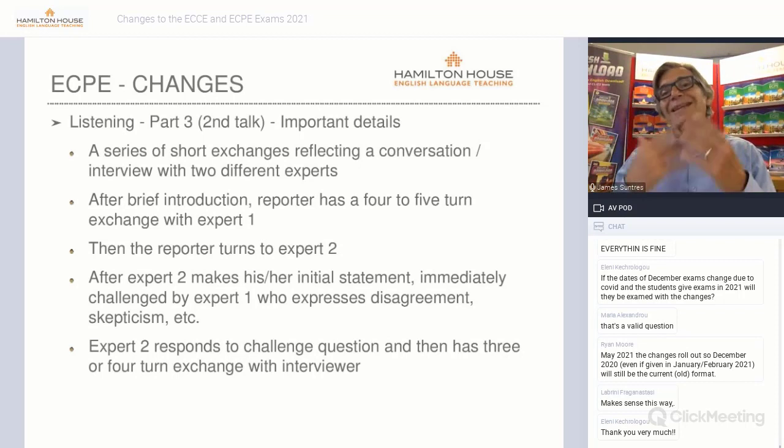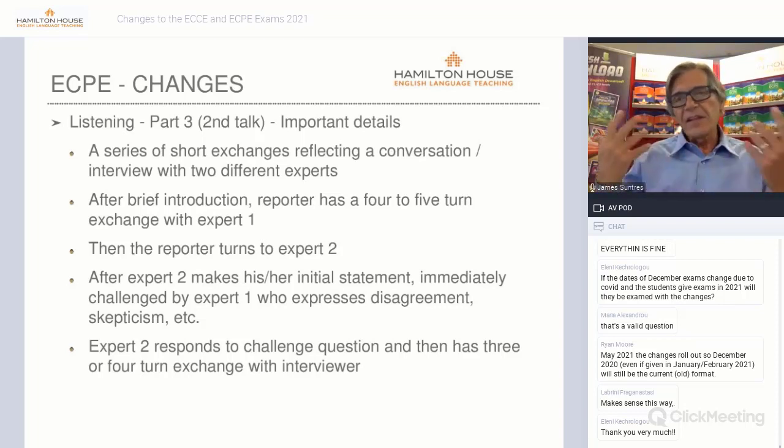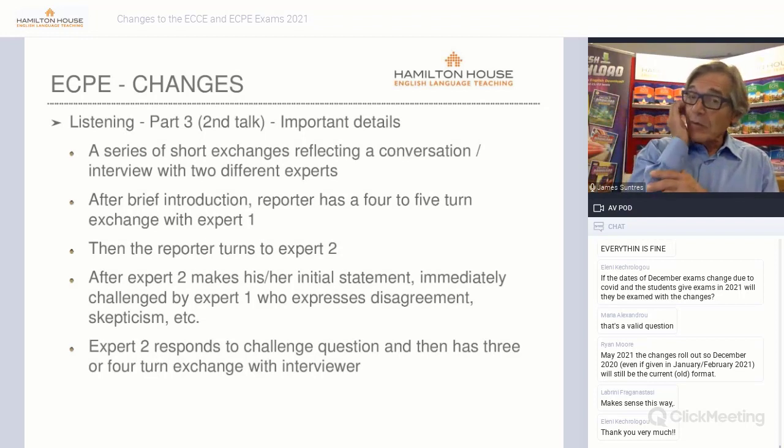A reporter elaborates on what the announcer has said, introduces the expert who discusses the reporter's opening statement. The reporter asks for clarification. The expert provides further clarification. And then the reporter concludes. Actually, the format of the first part of the listening, I did this a few years ago at a seminar.